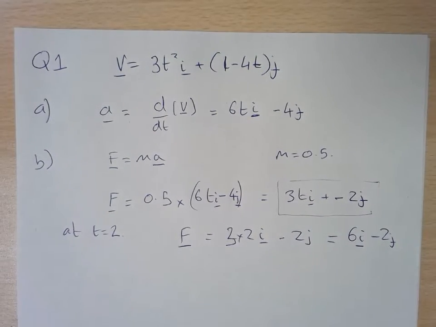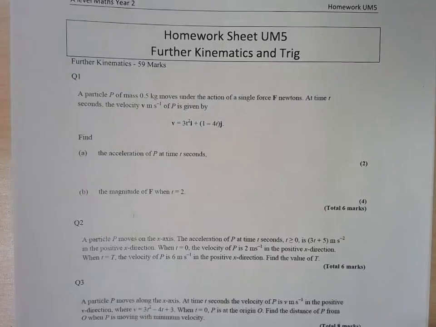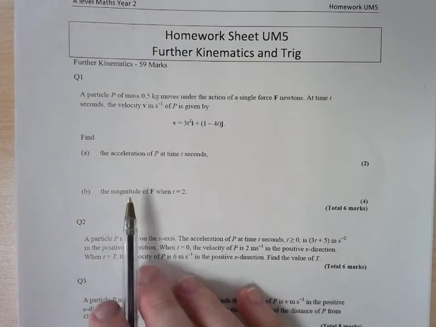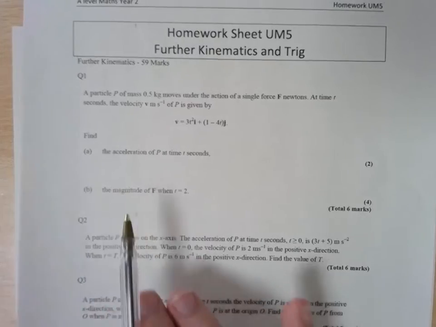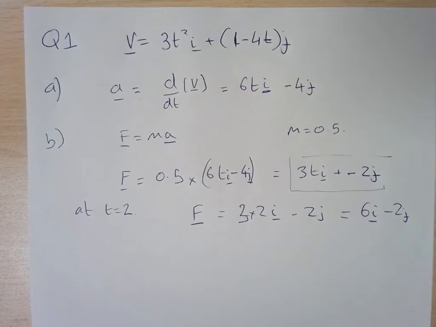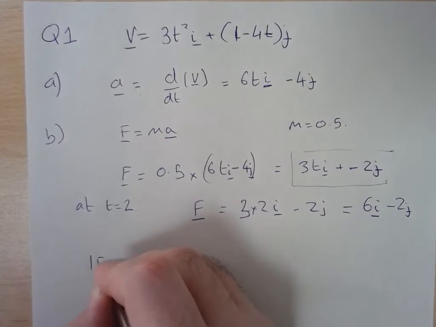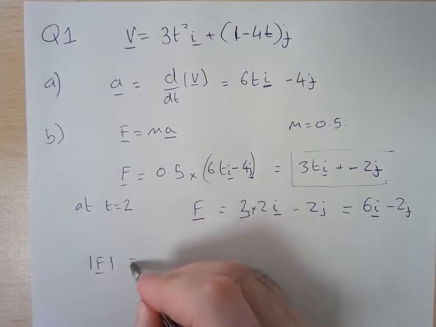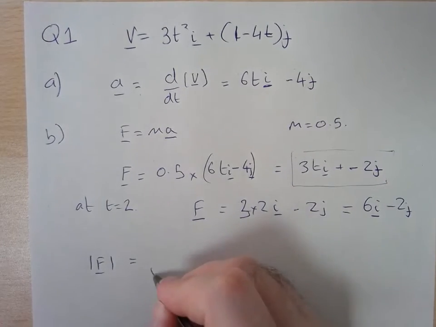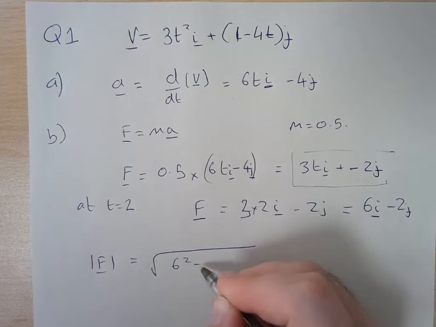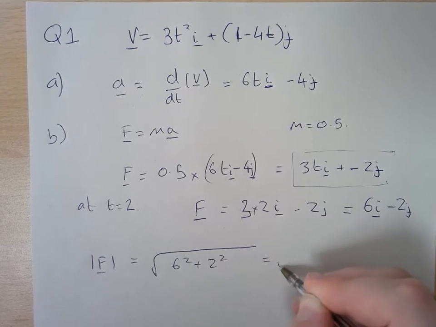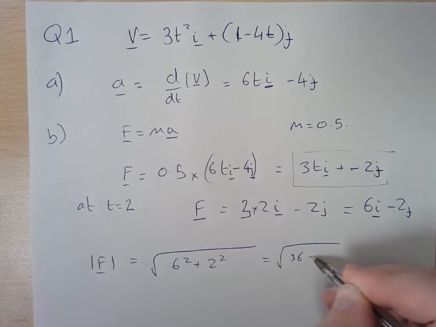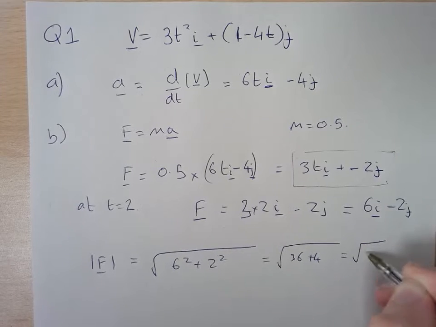If we go back to the question before we actually write down our final answer, we'll notice we're asked to find the magnitude, so this is the length or size of the vector F. So for this we're going to use Pythagoras, so we get mod F, the magnitude of the force, equals the square root of 6 squared plus 2 squared, which comes out to be square root 36 plus 4, which is square root 40.